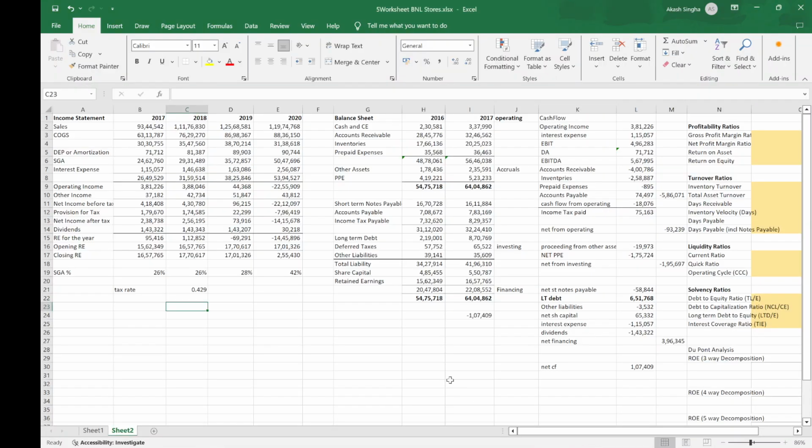So in this case, the upper section should be PAT plus 1 minus the tax rate into interest expense, which is this.